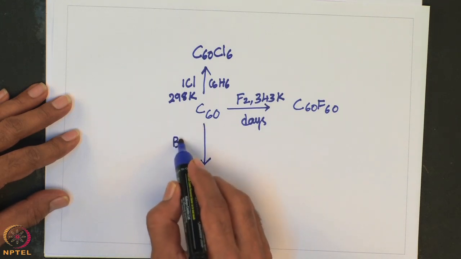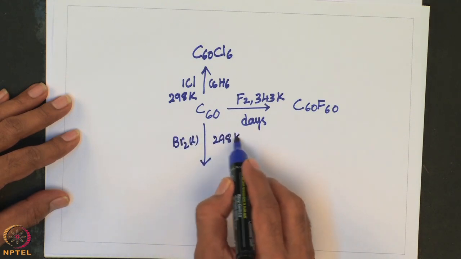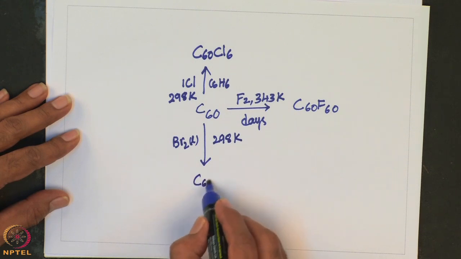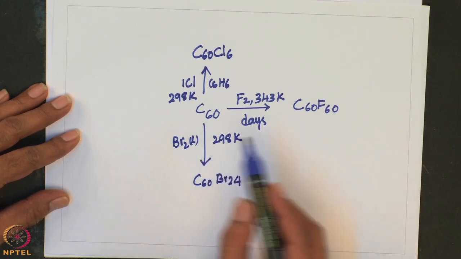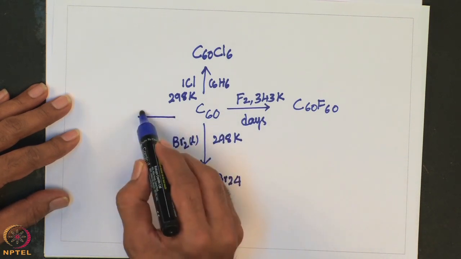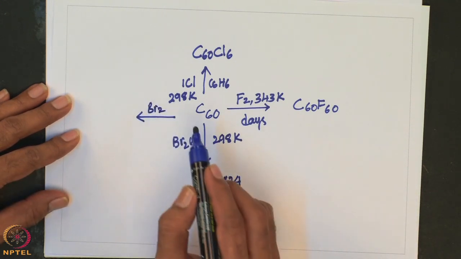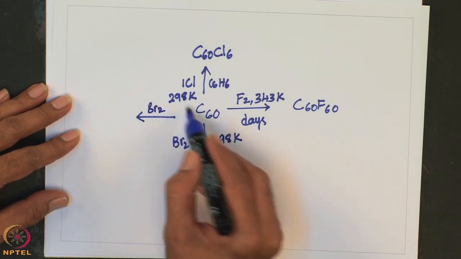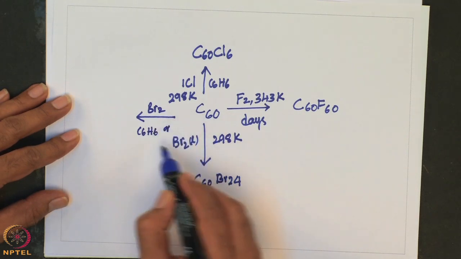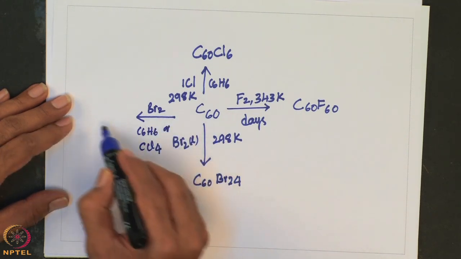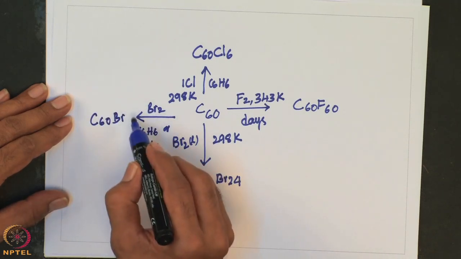And if you treat with liquid bromine at 298 K, it forms C60Br24, or with controlled addition of Br2 at 298 Kelvin only in benzene or carbon tetrachloride, it can give you C60Br6.